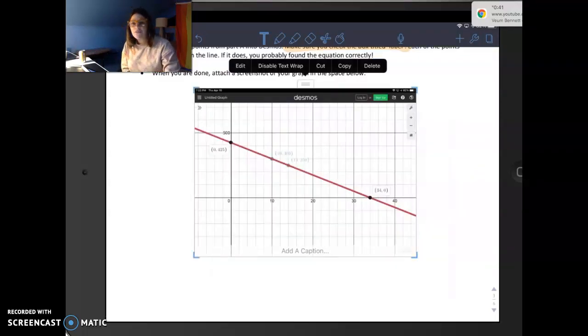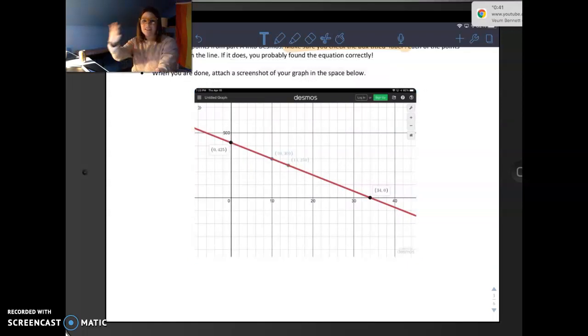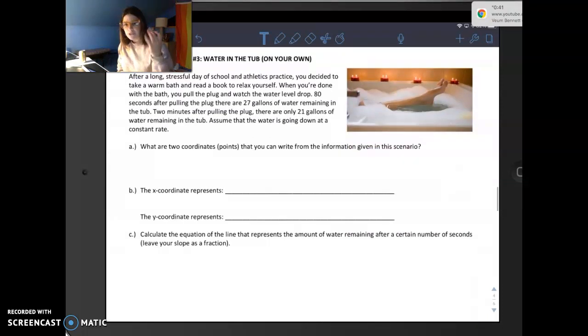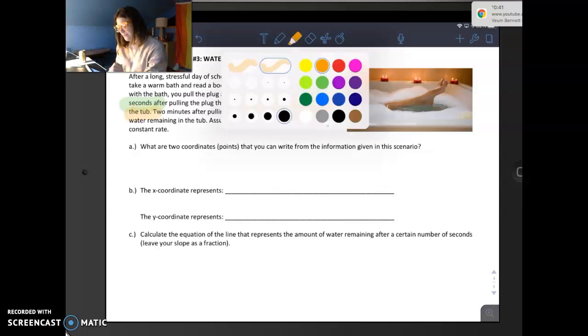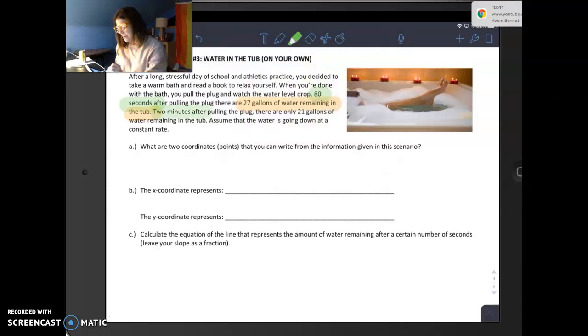So my gift to you on your first journey down a linear application problem, your first word problem alone, is I'm going to go to the next problem, which is just on the next page, and I will highlight the X and the Y for you. So it says 80 seconds, that's your X, and it says 27 gallons, that's your Y. And this says 2 minutes, and this says 21 gallons of water.